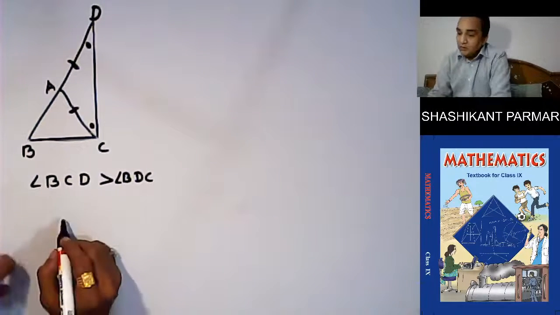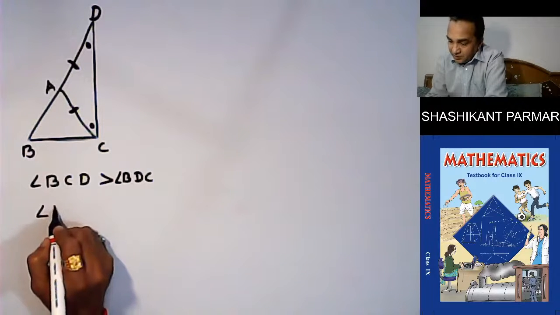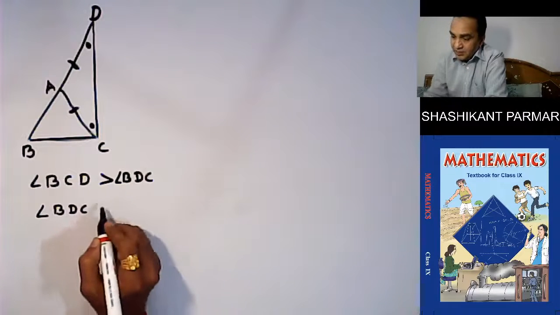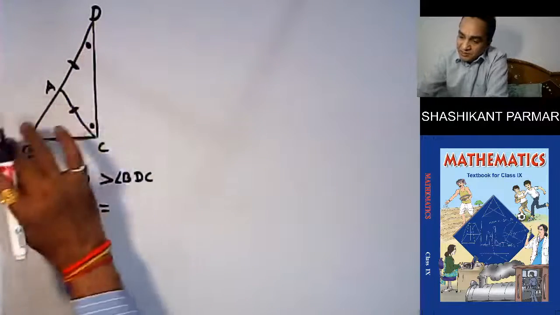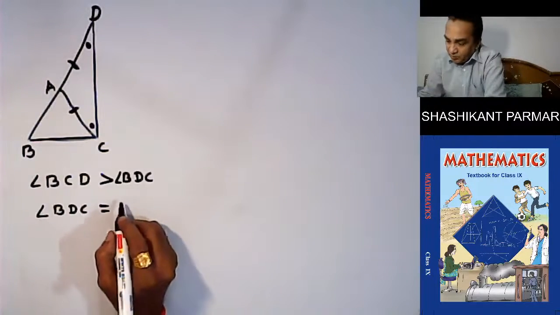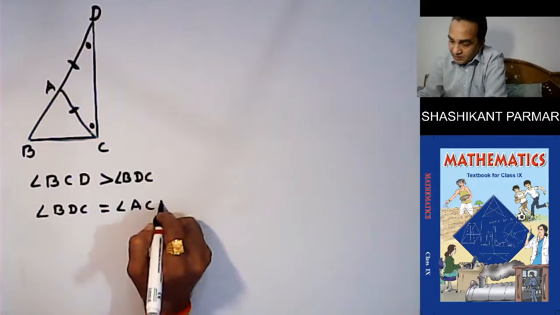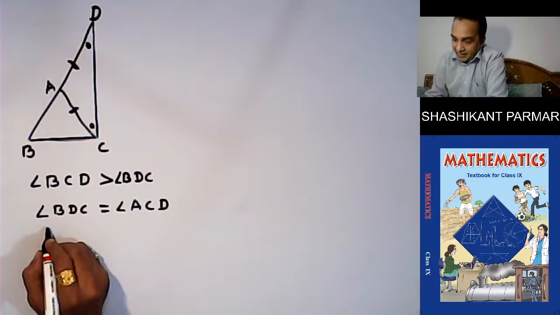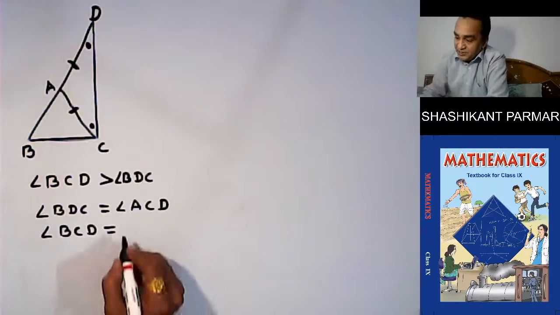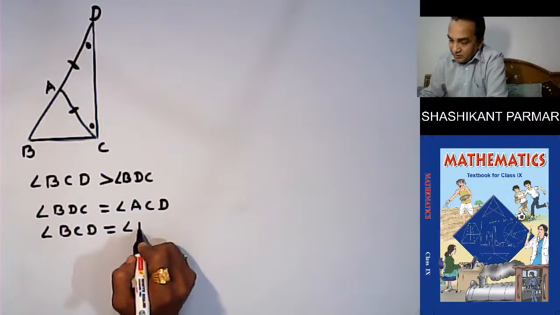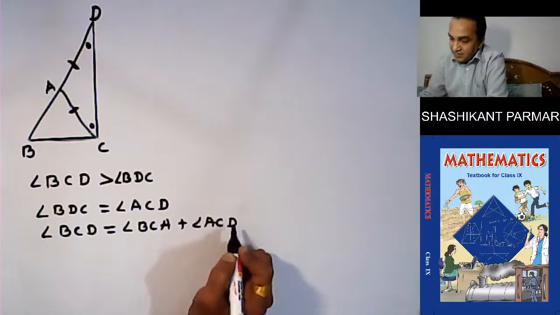So angle BDC is equal to angle ACD, and angle BCD is equal to angle BCA plus angle ACD.